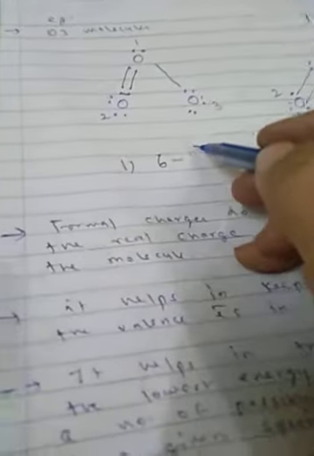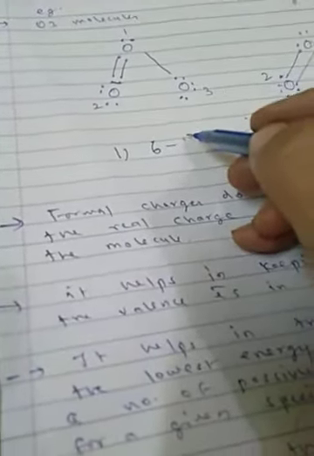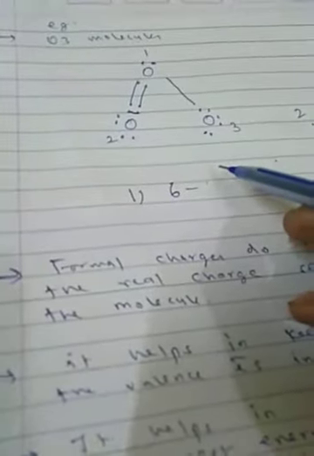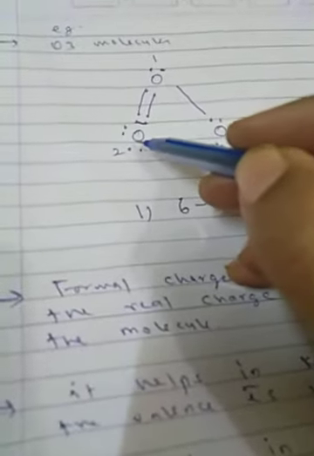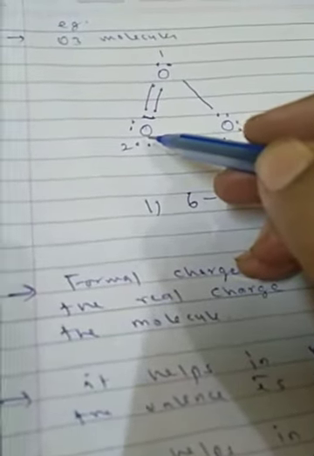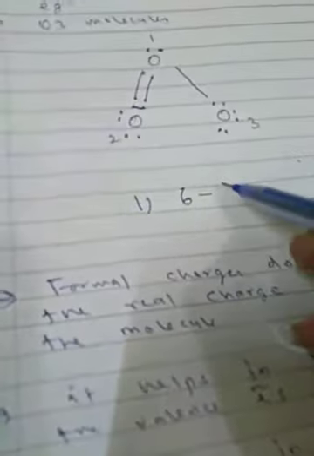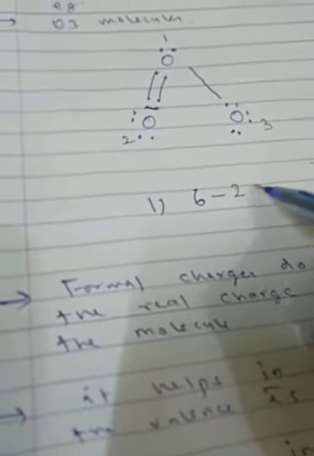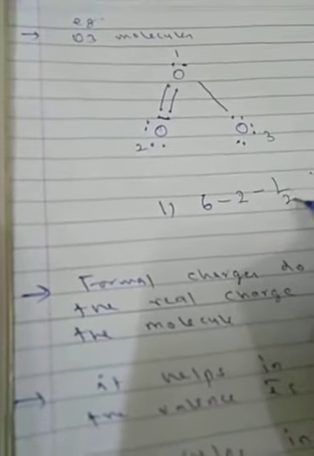Now how will we derive? 6. Now the total number of non-bonding lone pair electrons. In the first, how many non-bonding lone pair electrons are there? 2. Minus half the total number of bonding shared electrons.